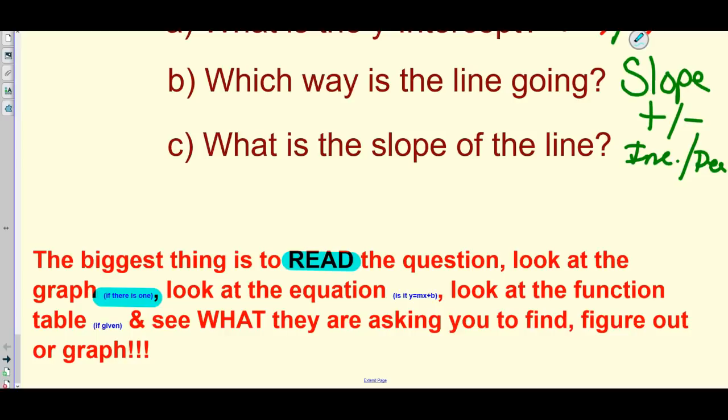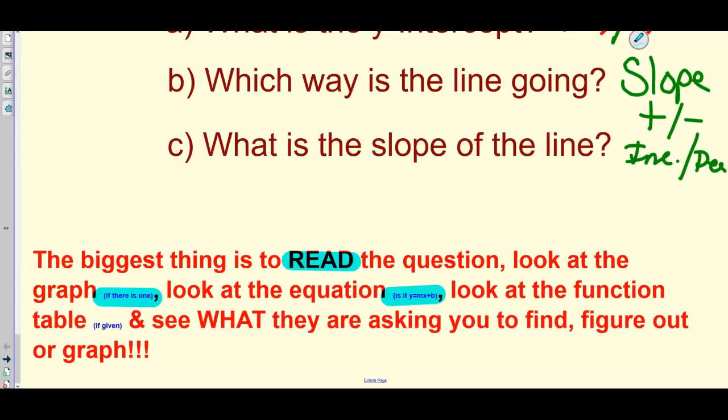Look at the equation. Is it in y equals mx plus b? If it's not, move your x, add or subtract it, and divide by the coefficient. If it's a negative coefficient, divide everything in the problem by the negative coefficient.